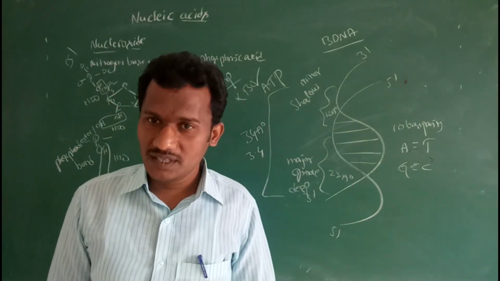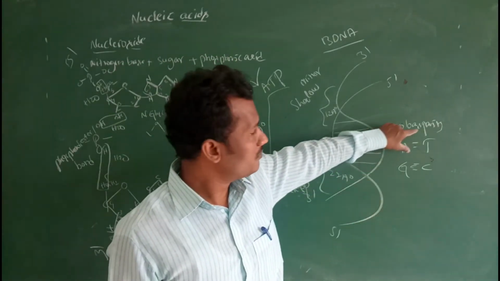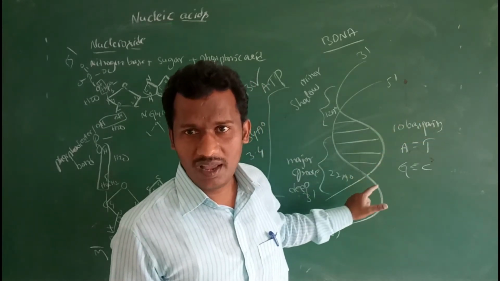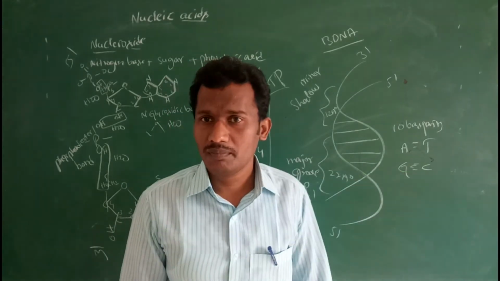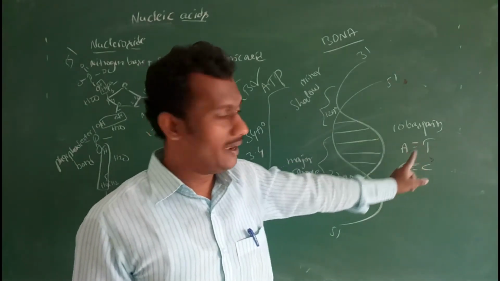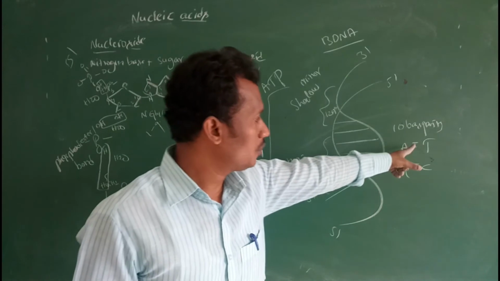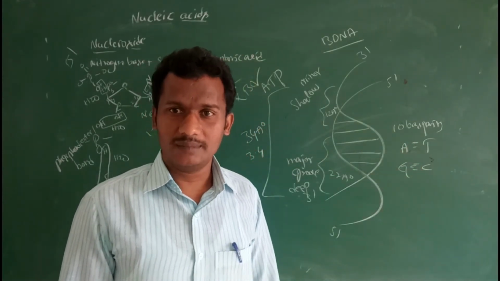Because of this, one big structure, the purine, always comes opposite to one smaller structure, the pyrimidine. Adenine always base pairs with thymine, and guanine with cytosine, with two and three hydrogen bonds.